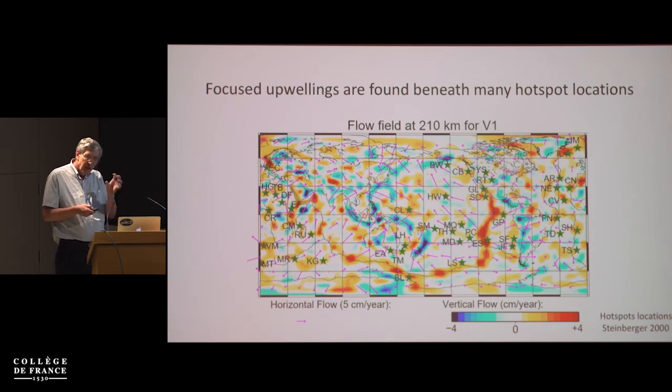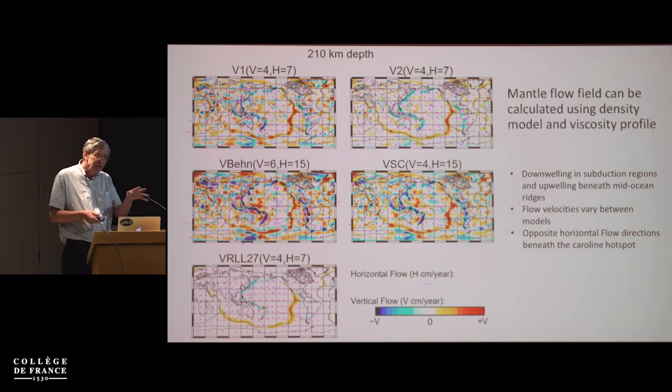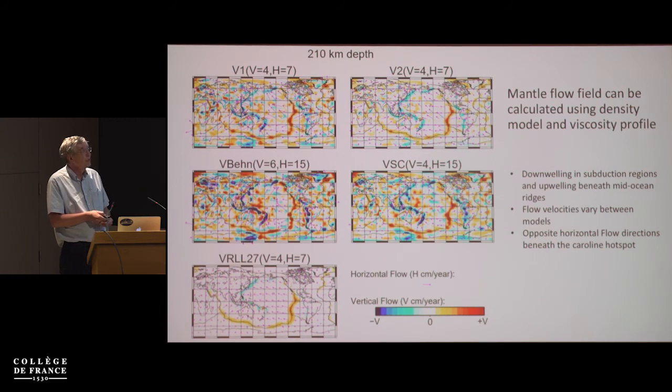We do seem to have upwelling very localized underneath the hotspots through this inversion that we've done. And this is for one viscosity model, V1. I decided not to show the figures, but going back to these different models, we find pretty good correlation of the flow. Not exactly the same, but pretty good correlation of the flow for these four viscosity models, not so much for this viscosity model over here.